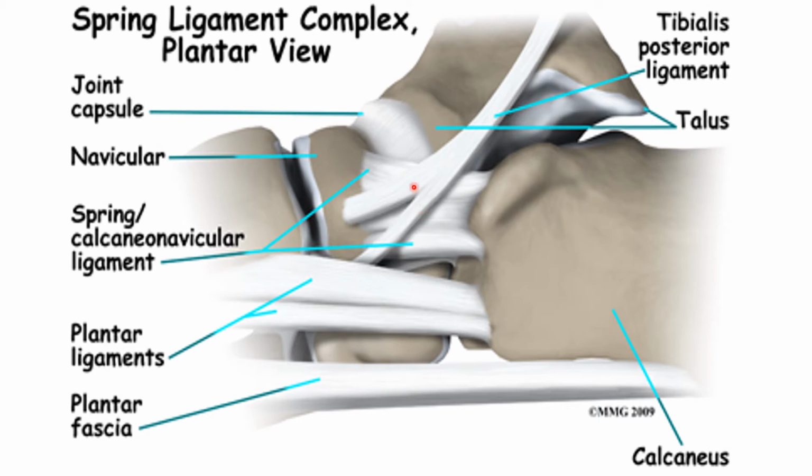The fibrous band supports this ligament, which is also known as the spring ligament, since lying between the sustentaculum tali and the navicular, it provides support. Because it contains elastic fiber, it provides elastic support to the head of the talus, which is the highest point of the arch.